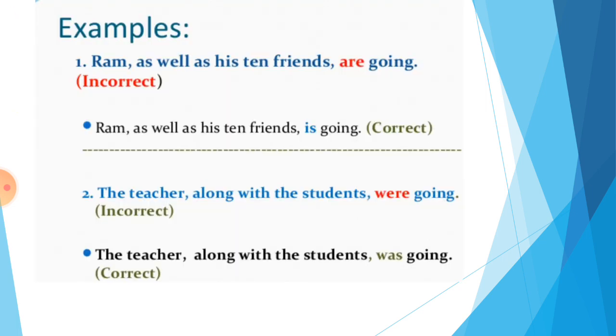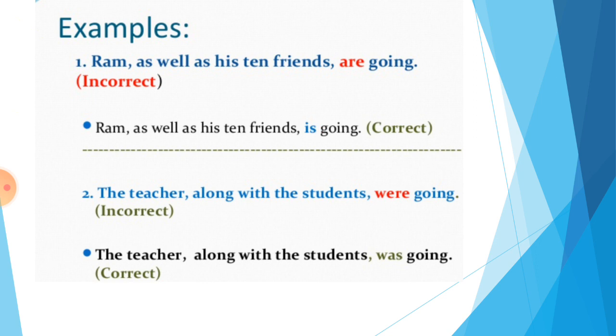For example, Ram as well as his 10 friends are going. So here two subjects are there in this example, Ram and his 10 friends. His 10 friends is one subject and Ram is one subject.